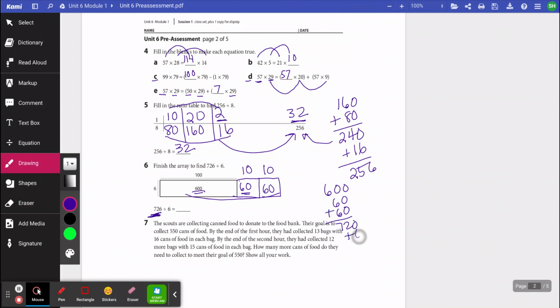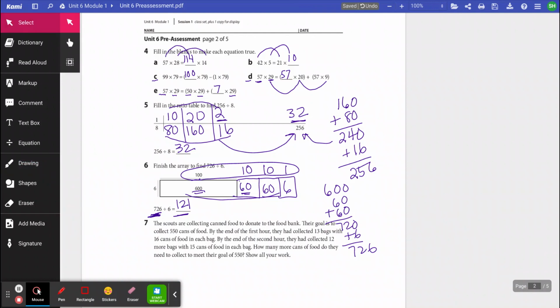So we actually only need 6 more to get to 726. So we could do 1. 1 times 6 is 6. And then we just add up all of these. And that's our answer. So 100 plus 10 plus 10 plus 1 is 121.